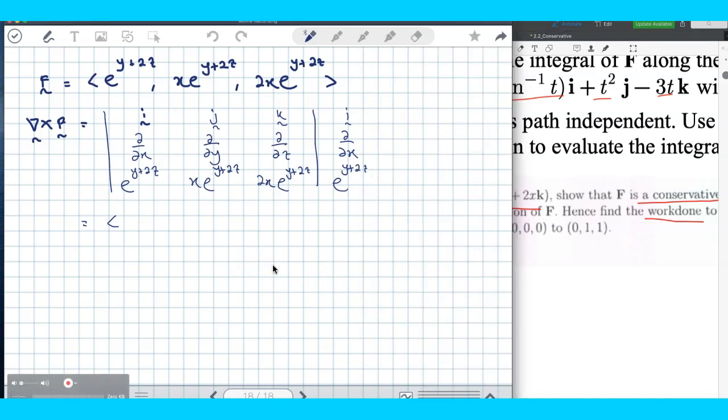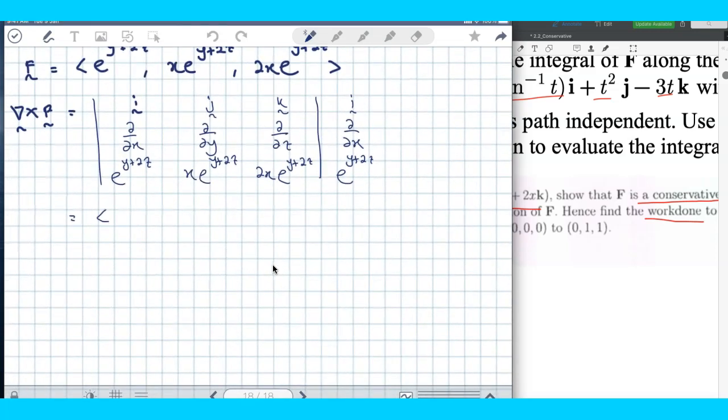Now we want to show that the given F is a conservative vector field. To obtain the curl, this is the procedure. Firstly, we find J cross K to get I. So del y. You have to be careful when you differentiate this. Y is inside the exponential function, so when you differentiate with x constant, the exponent y plus 2z, don't forget to apply the chain rule and differentiate with respect to y, and you get 1.